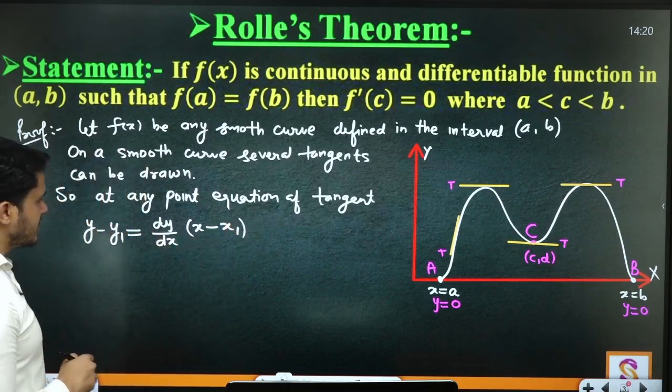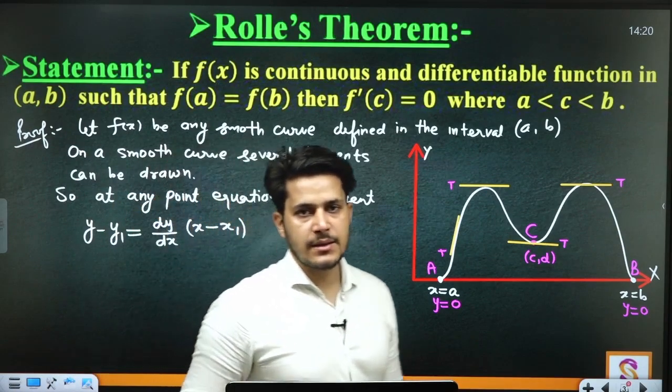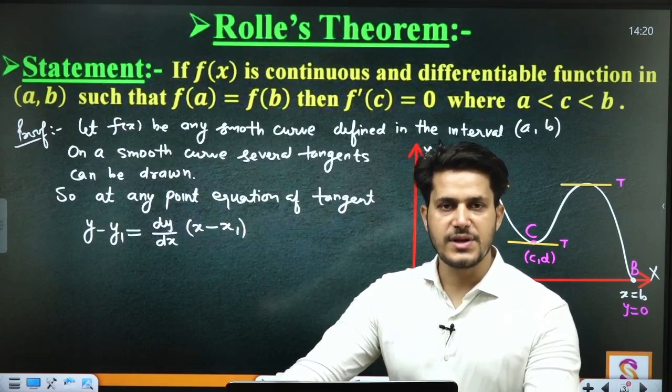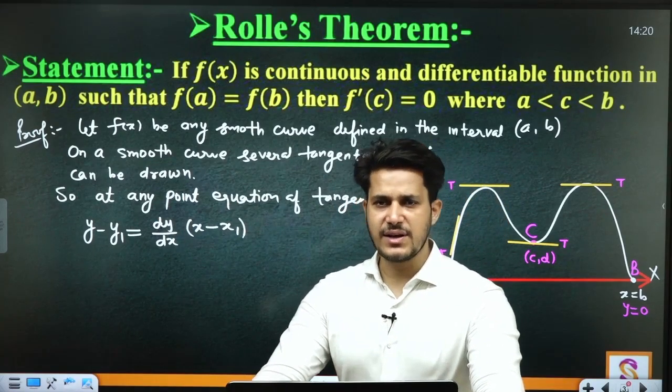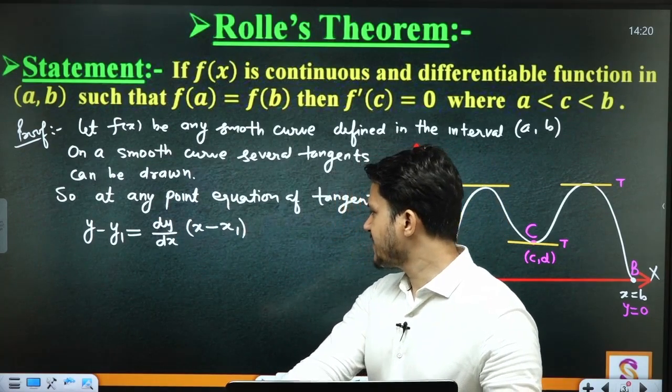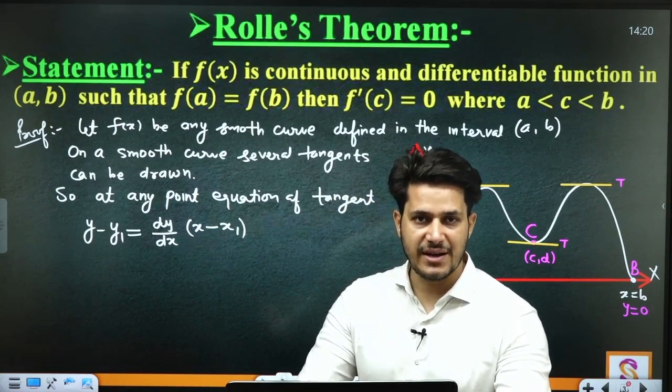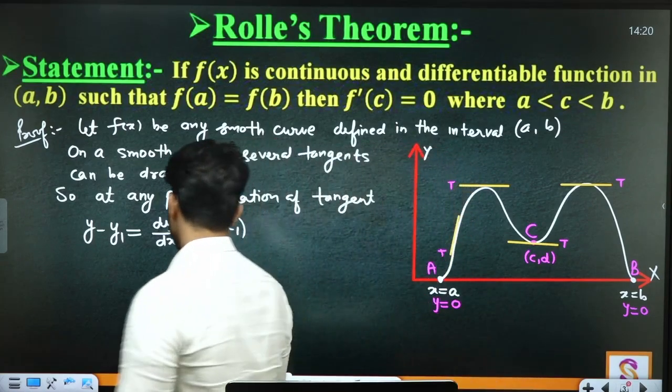This is the equation of tangent, you know, because at any general point (x1, y1), the equation of tangent y minus y1 equal to dy by dx into (x minus x1) exists.